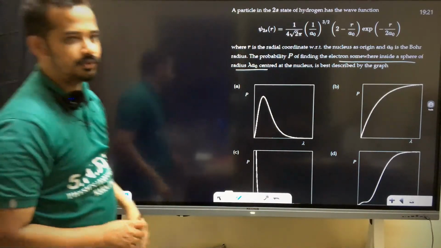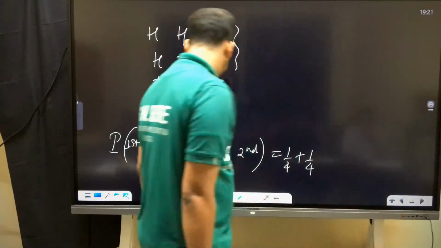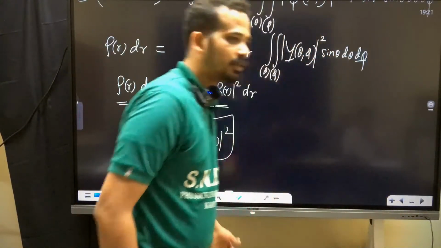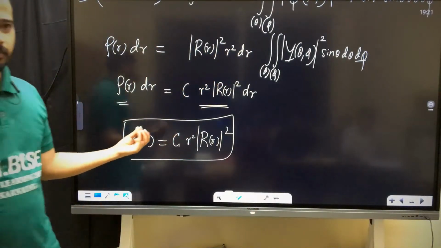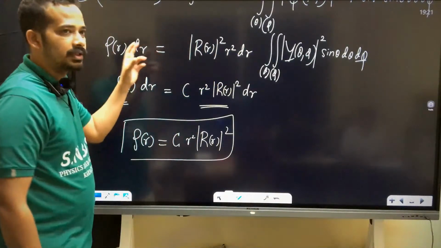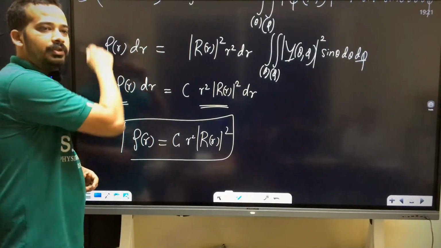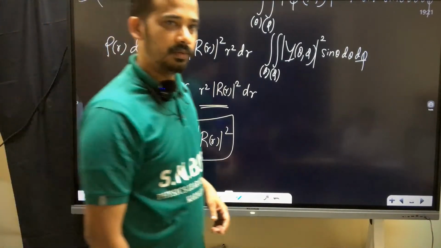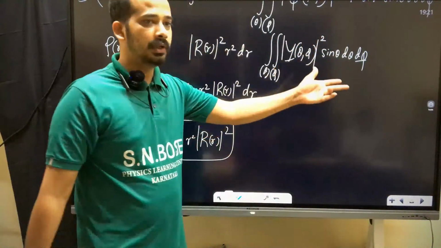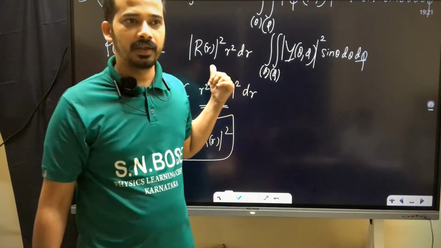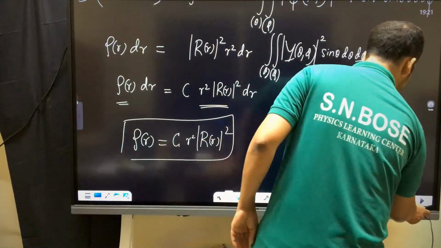What you have to do is take this one and integrate it between 0 and that radius. This is the probability of finding the electron from r to r plus dr. You have to integrate from 0 to that radial distance, then you get the probability. You have already integrated with respect to theta and phi, so only one r integral is left, isn't it, logically?